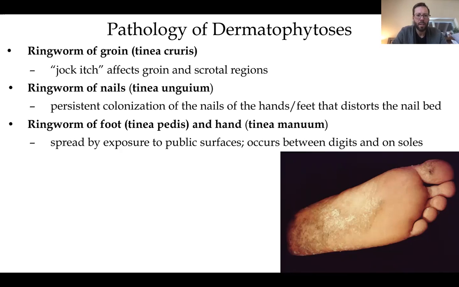Ringworm of the foot, tinea pedis, or hand, tinea manuum, is again not under the nails, but on the skin. And so all these different varieties of ringworm, it's not just one type of ringworm. Each of these has its own little habitats that it prefers, and there are localized patterns.